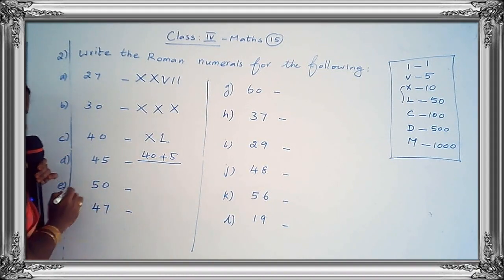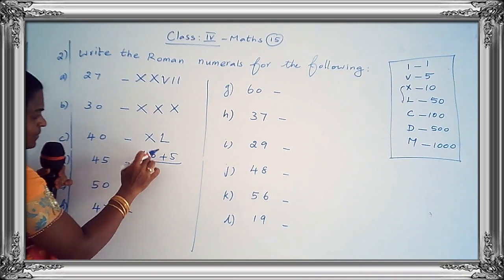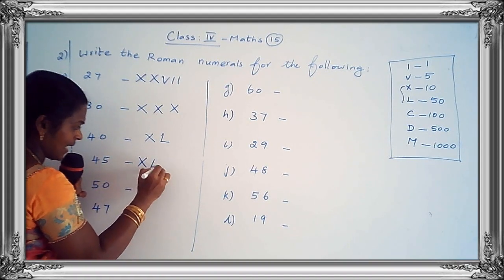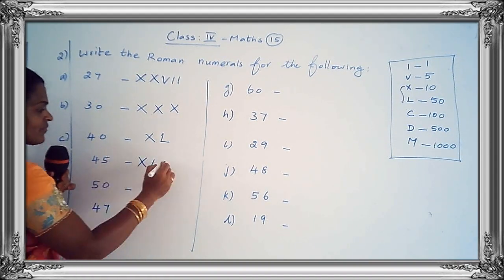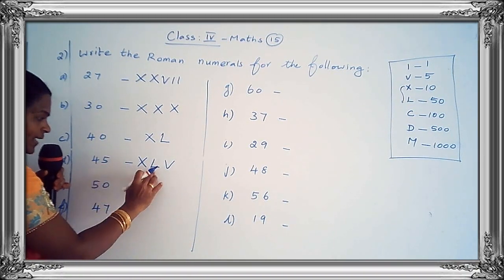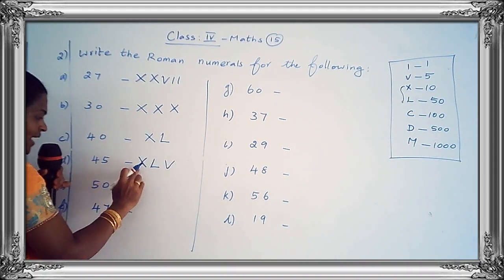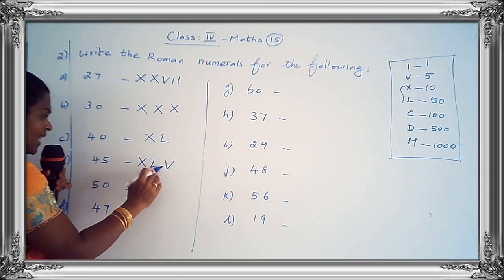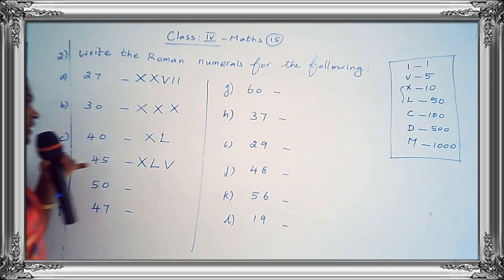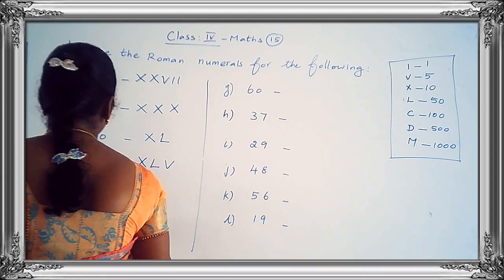First of all, you put 40 in Roman numerals, that is XL. So XL plus 5, and 5 means V. So 45 means 40 plus 5, XL and V. So that's why 45 means XLV. Okay, children? Are you clear? Yes. Next, 50. 50 is already there. Which symbol? L.